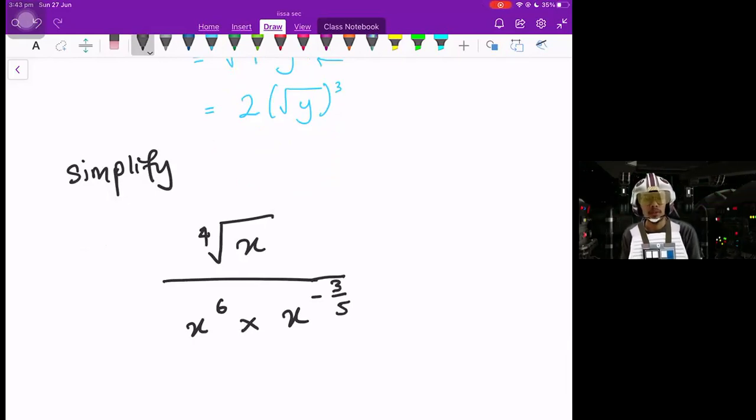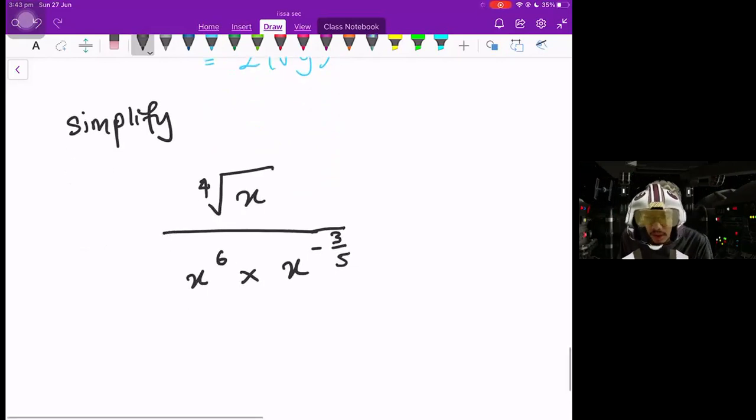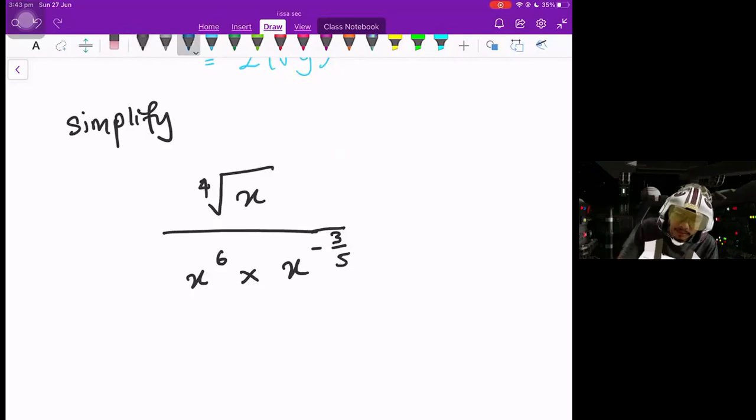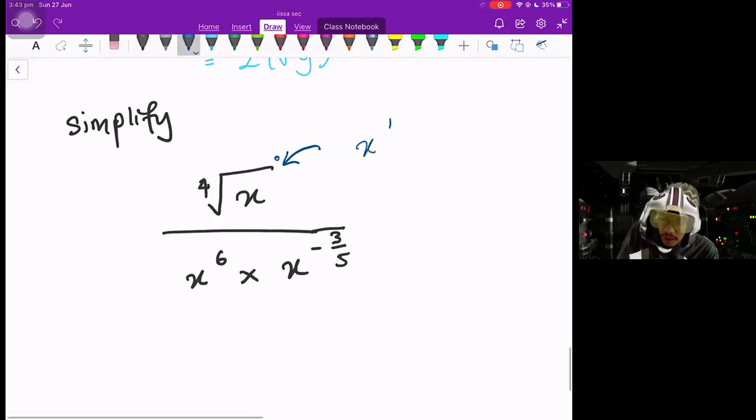First and foremost, what can we change? We can change this to the fractional indices. We don't have any power here, so which means it must be x to the power of 1 over 4.